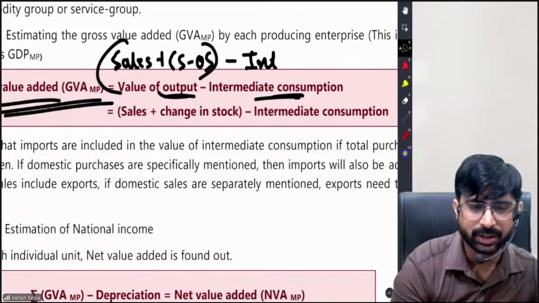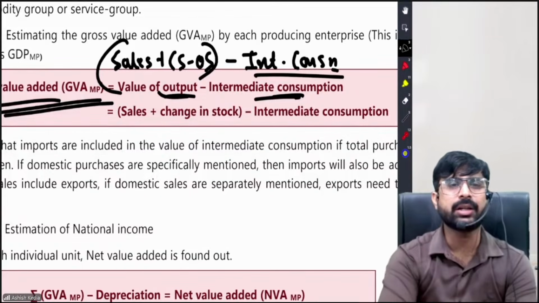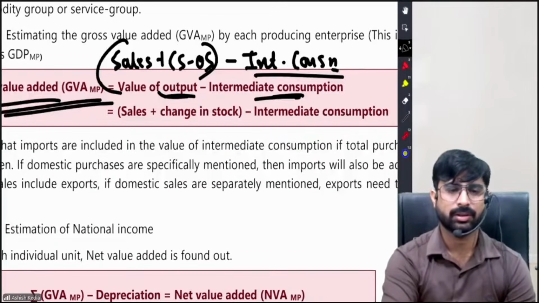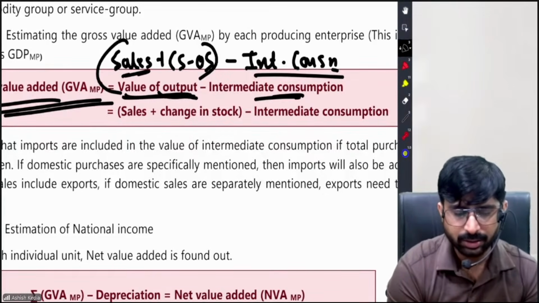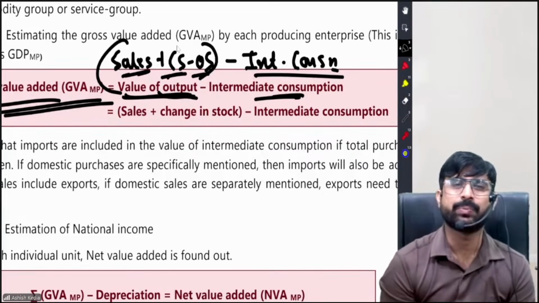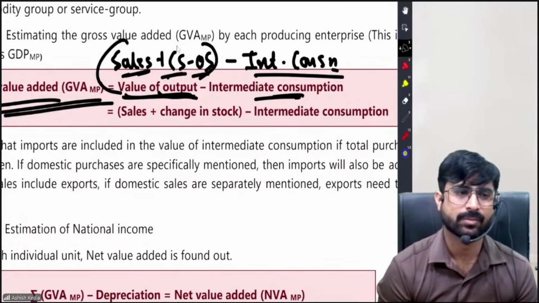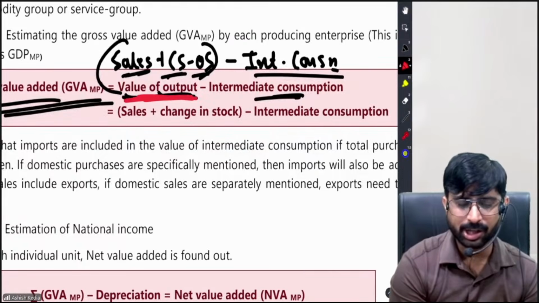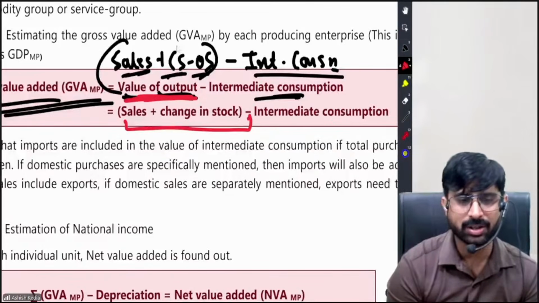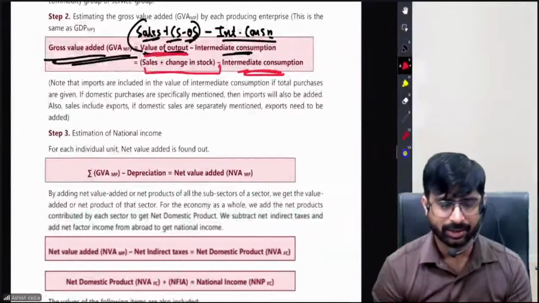So value of output is sales plus change in stock. Then minus intermediate consumption. Got it? Definitely, you get that.